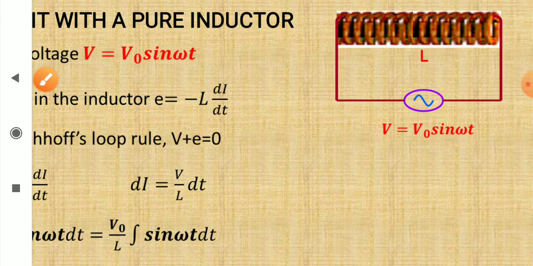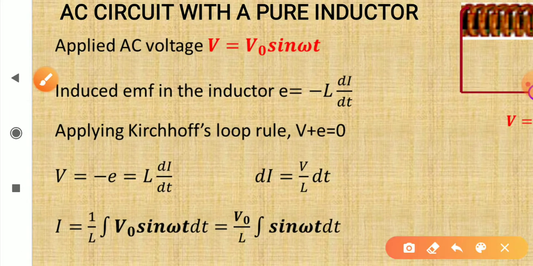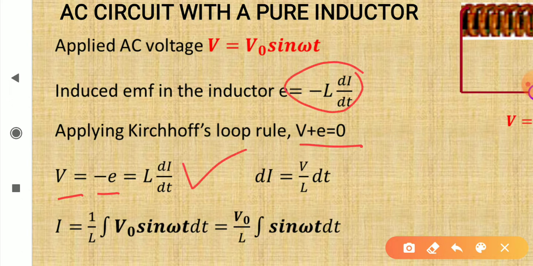Using this idea, we can write V plus E is equal to 0, or V is equal to minus E, and that makes it minus of minus L di by dt, which gives L di by dt. From here, keep di on one side and take L and dt to the other side. So you get di equals V upon L into dt.